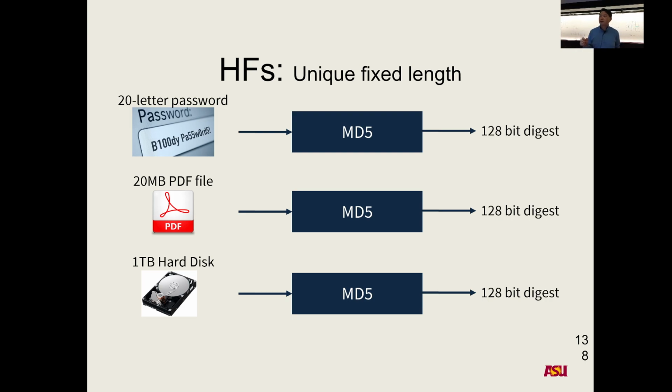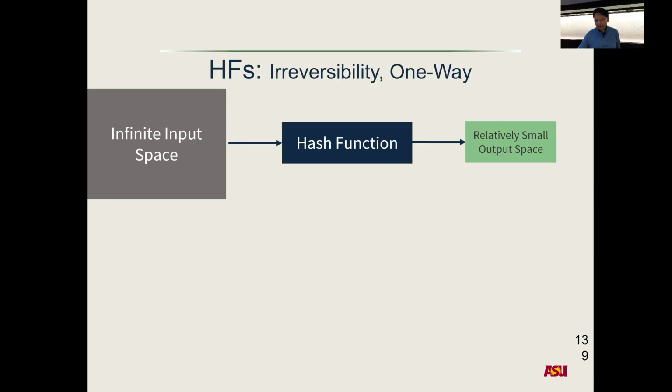And it also has a very critical feature. We call that one-wayness, or one-way function. What does one-way function mean? We also call that irreversibility. There is an infinite input space, and it is mapped through the hash function to an output space that is relatively small.